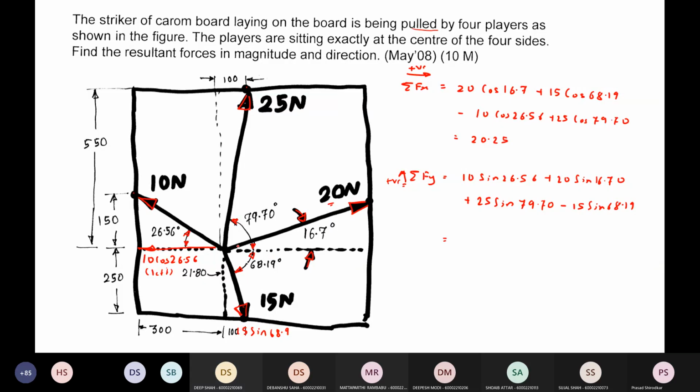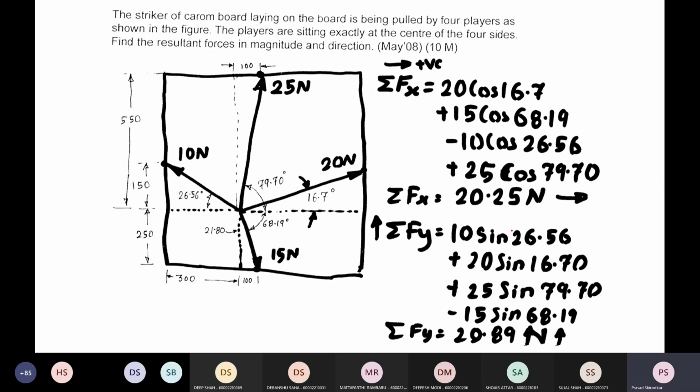20.88, correct. I have rounded it up to 20.89. Right. So you have got summation fx, summation fy. Now let's calculate the resultant.